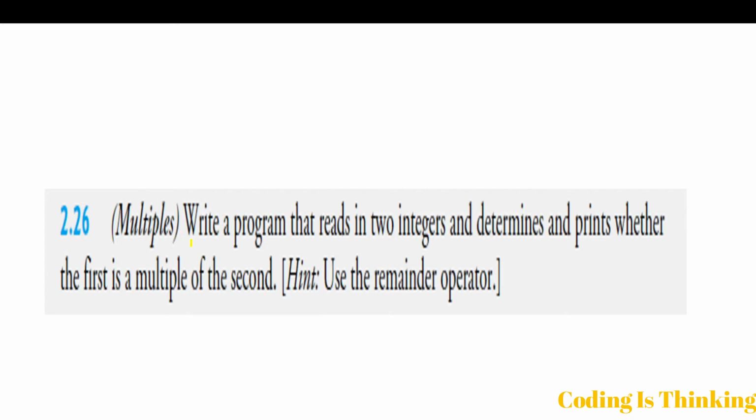26. And 26, the statement is: write a program that reads in two integers and determines and prints whether the first is a multiple of, or multiply, we can say multiple of the second. Use the remainder operator. Now we ignore the hint and just see this program in Code::Blocks.